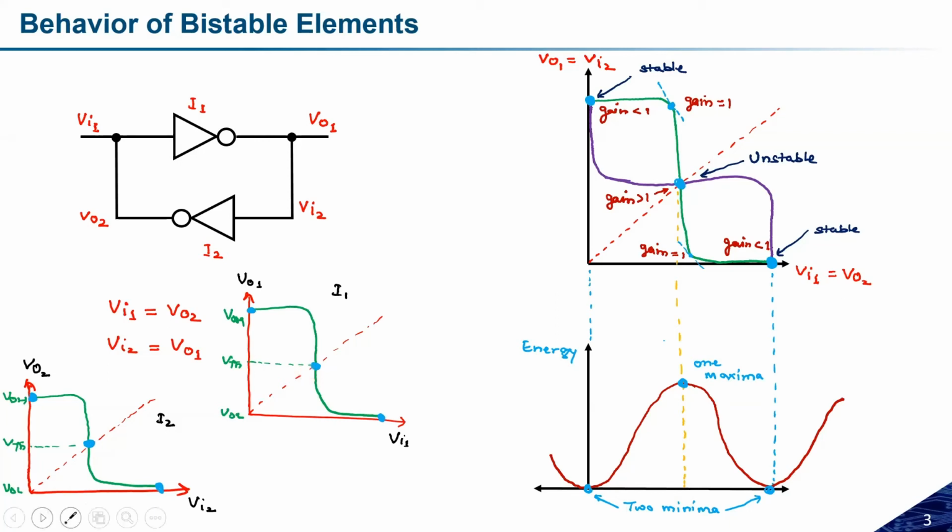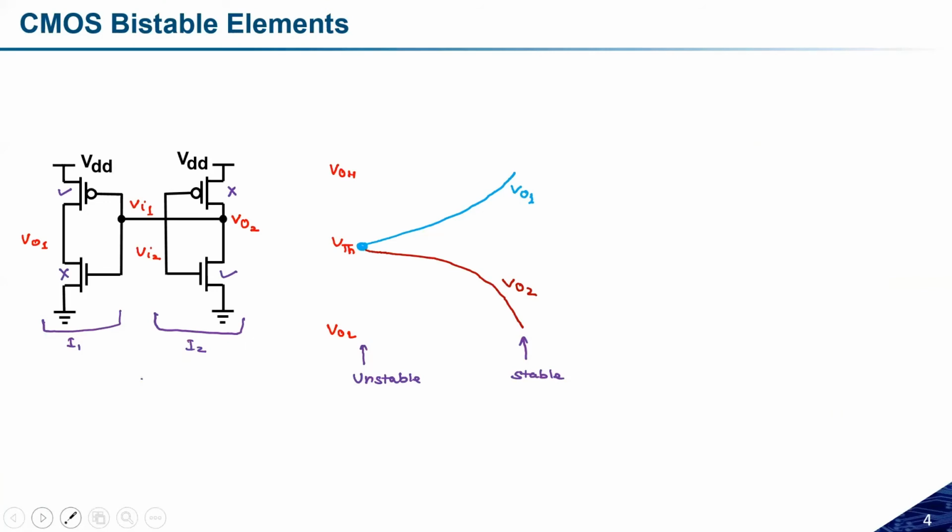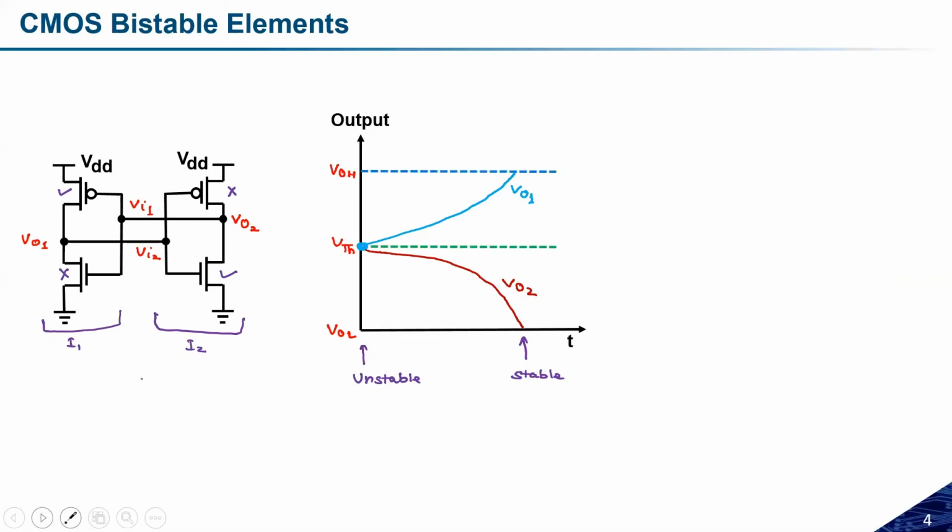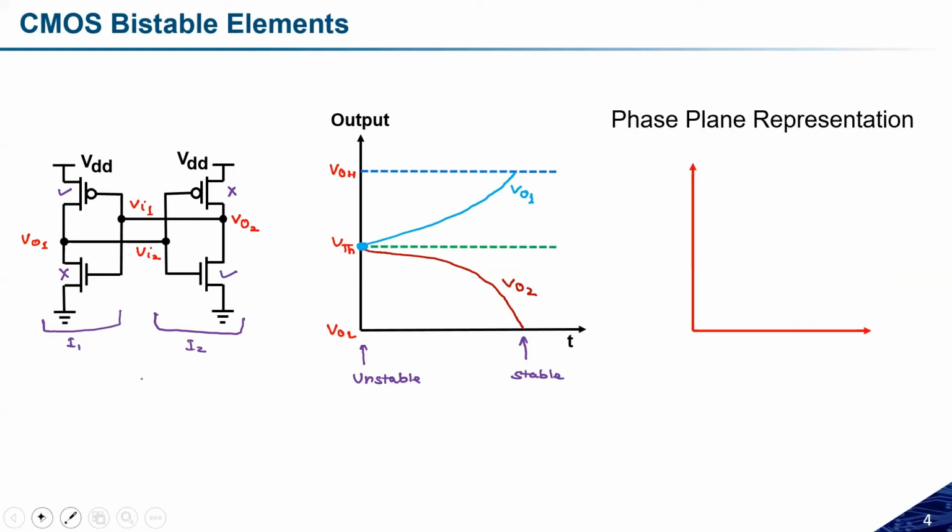Okay, fine. I just wanted to complete this in 1 minute. So this is what we have understood: how we can make them stable. Now let us try to make the phase plane representation. How can it be done? Let me write a few things. Let us assume this is the VOH of one of the inverters. This is the VOL.